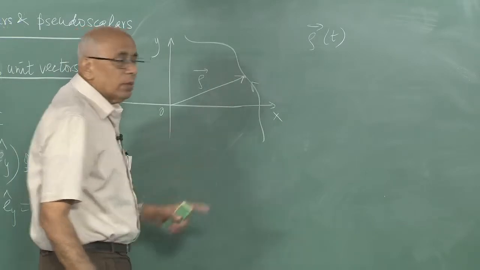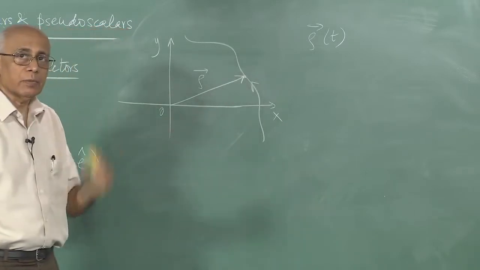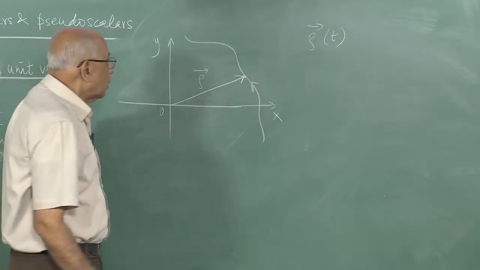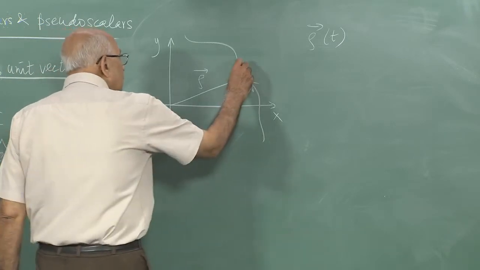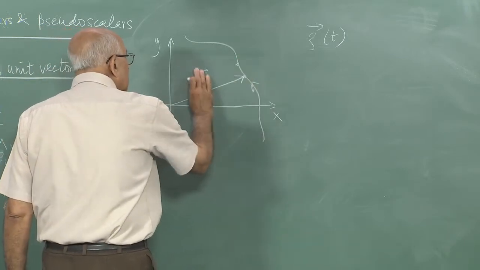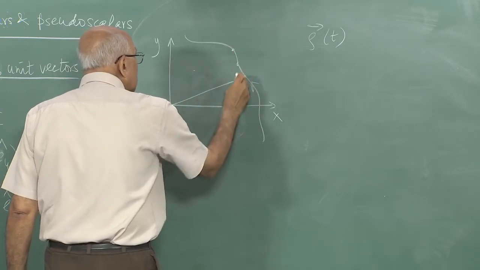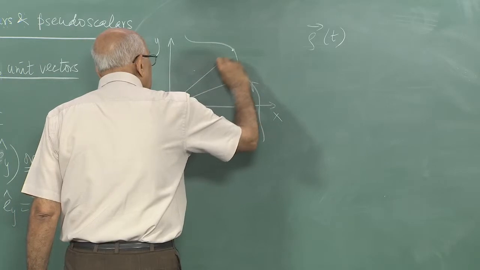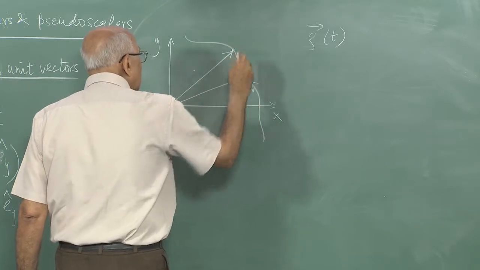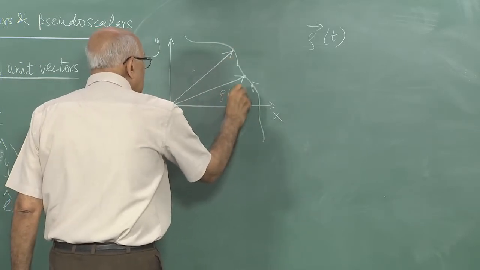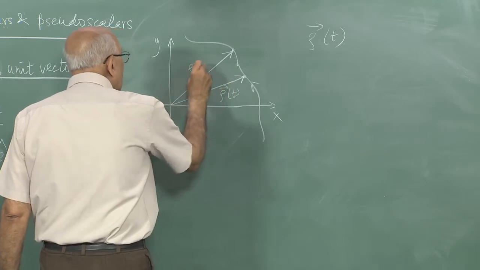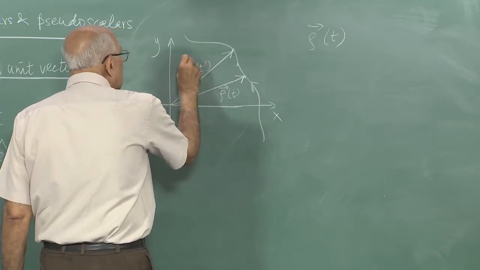I would like to see what the velocity is, what the acceleration of this particle is, and so on. Now what does this mean? Well, at a later instant of time, the position vector is there or here, for example. This is rho at time t, this is rho at some time t prime greater than t.